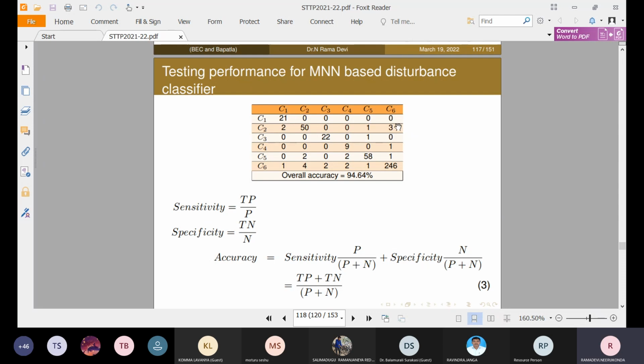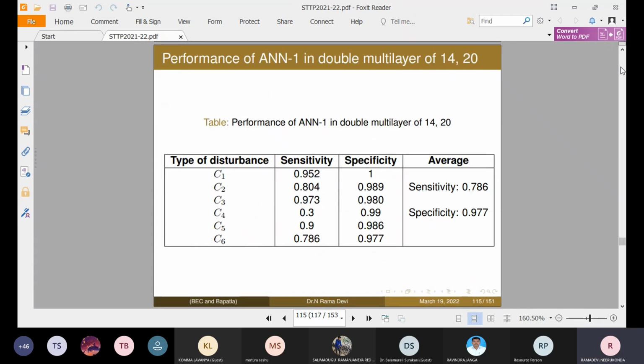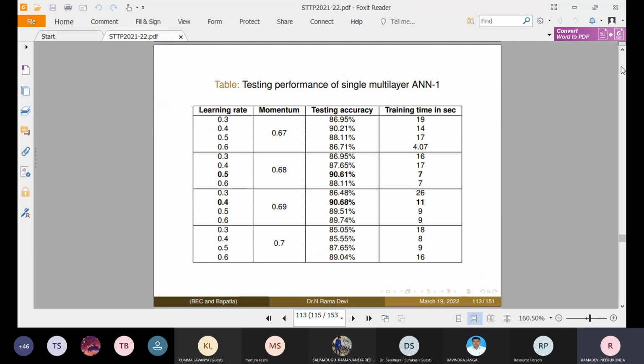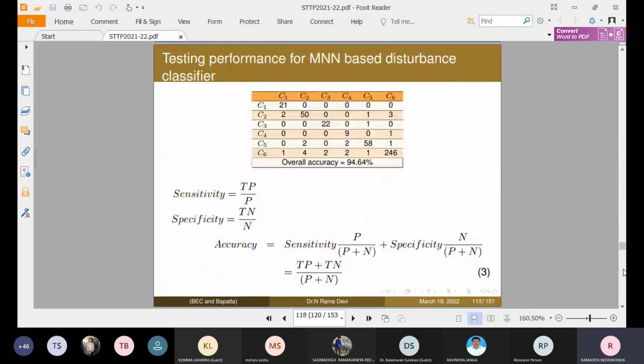The number of single phasing faults we give the system for testing is 20, but it's given as 21 for the single phasing faults.